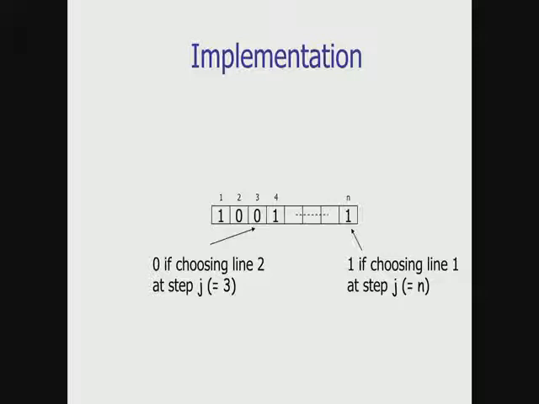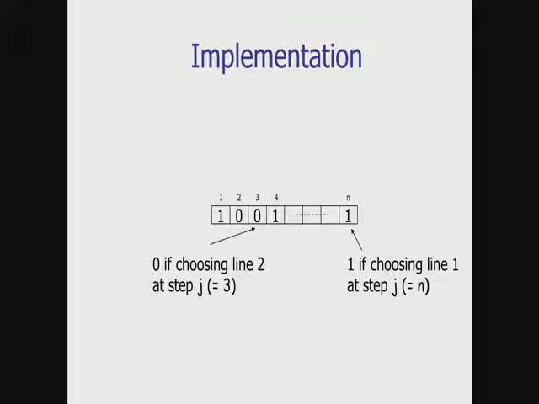So the implementation of this idea is essentially to have a bit vector, a binary vector, which essentially says if a certain bit, for example in this case at step 3, is set to 0, then the vehicle goes through station 2 in step 3, and if it is 1, the vehicle goes through station 1 in step 3.